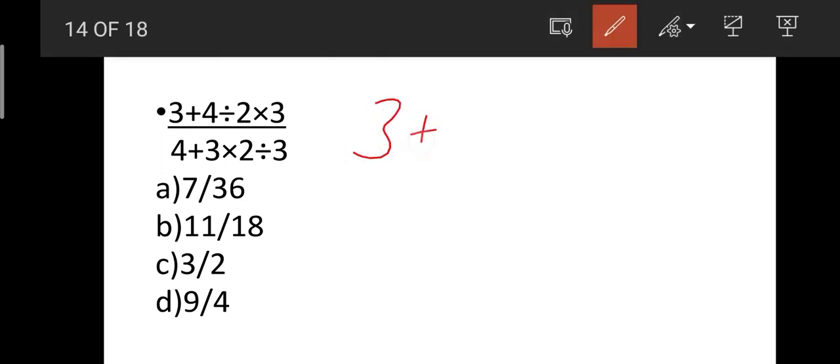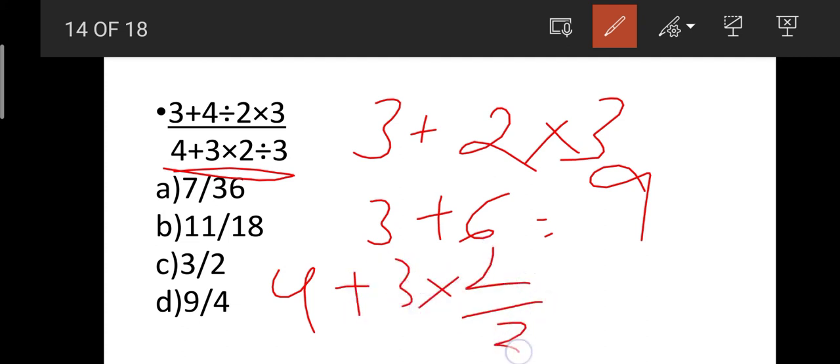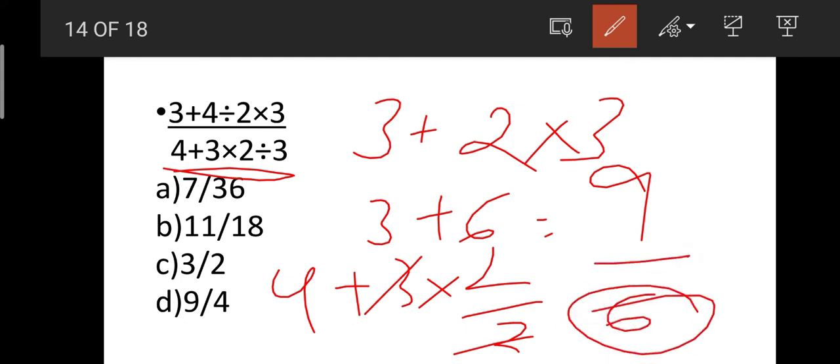Okay, 3 plus 4 divided by 2, that is 2 into 3, that is nothing but 3 plus 2 into 3, 6, that is 9, isn't it? And then for this, 4 plus 3 into 2 by 3, it will be 4 plus 2. What is the resultant? It is 6. So if we calculate 9 by 6, what will be our answer? It is just 3 by 2.